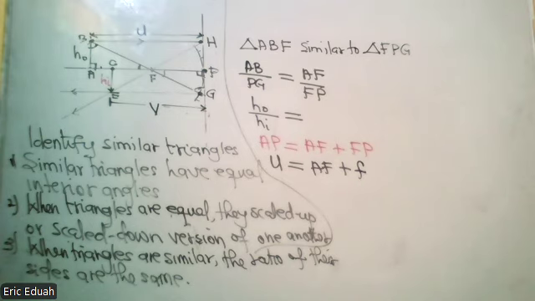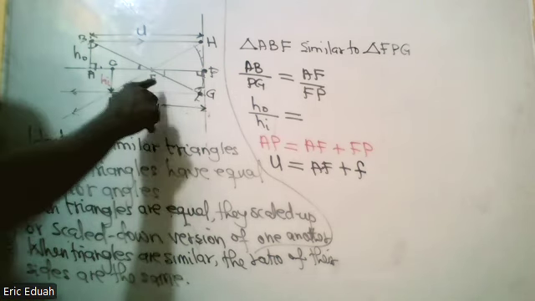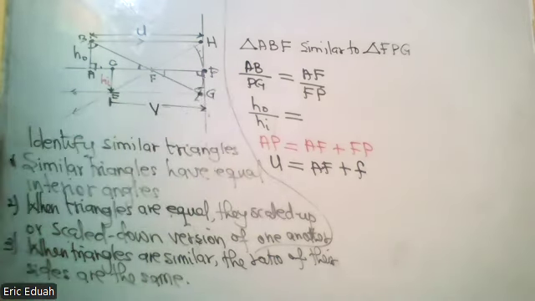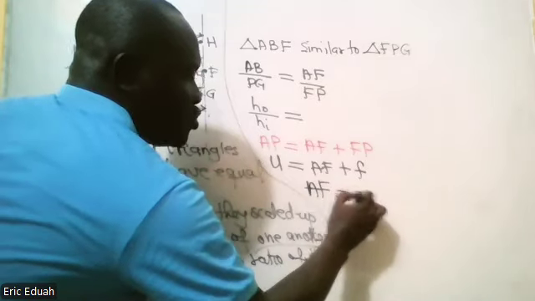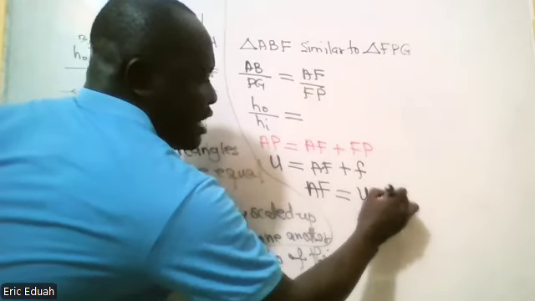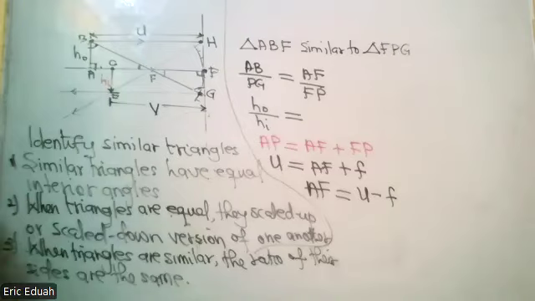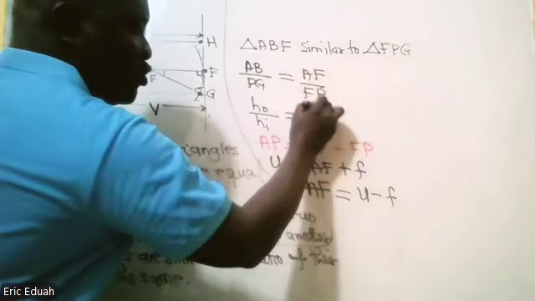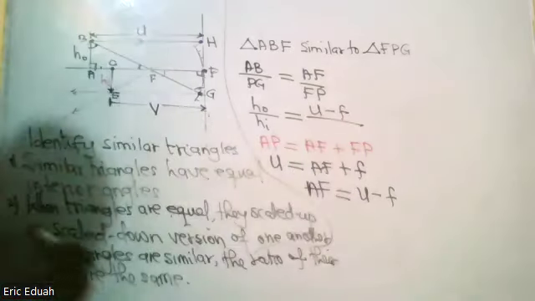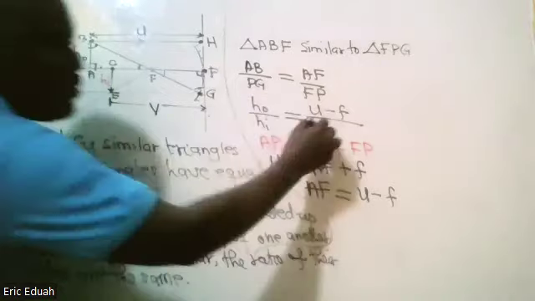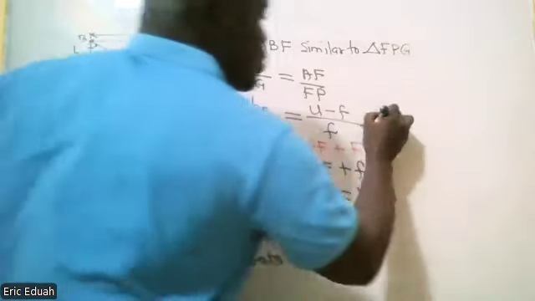So the distance from the pole to the principal focus is the focal length. Therefore, AF is equal to U minus f. So this is U minus f, divided by FP, which is f. This is equation 1.